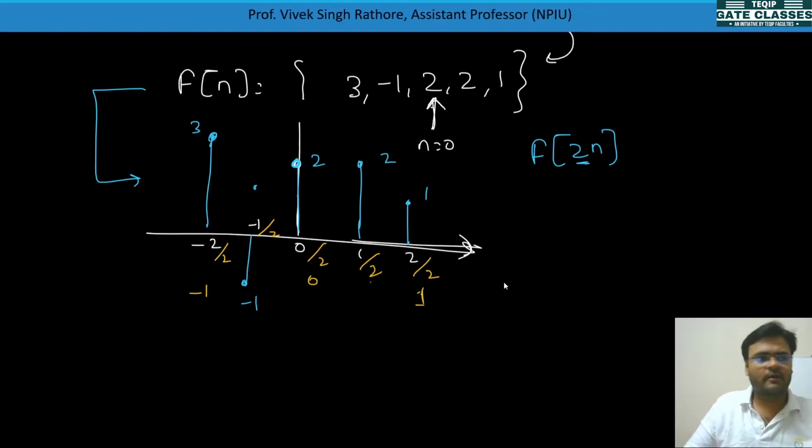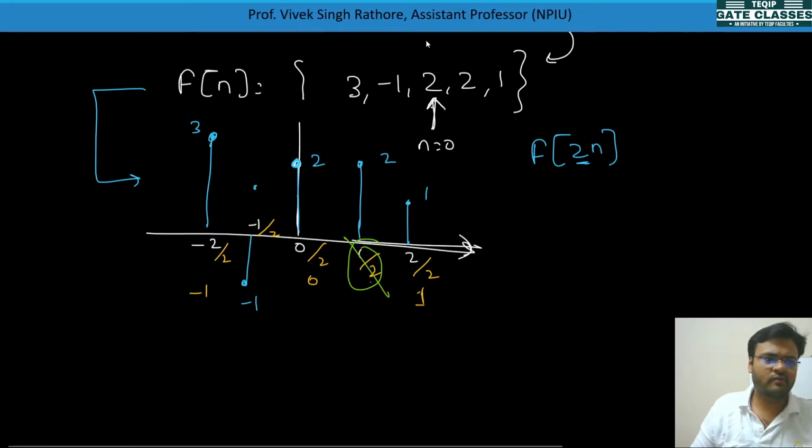See, I have told you earlier also, just in this lecture only, that discrete time signal is defined only for integer values. So this is not an integer value, we have to discard it. -half, we need to discard it.